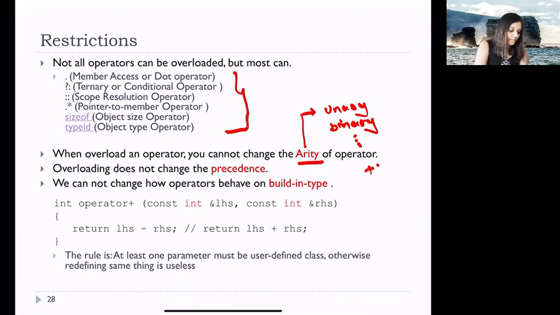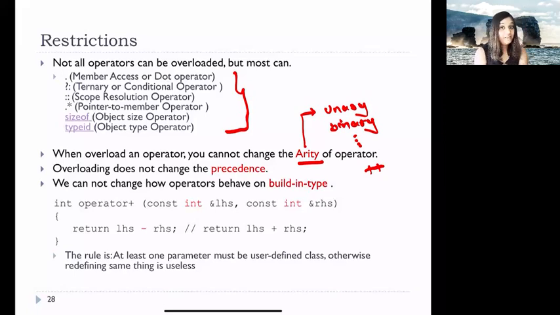If you are overloading the plus plus operator, the arity of this operator is 1, right? A plus plus, b plus plus, plus plus a, something like that. So the arity is 1. Only one operand goes with plus plus, minus minus, all those operators, and even if you are overloading it, it will still take just one variable with it.